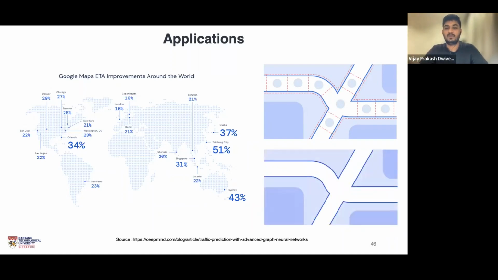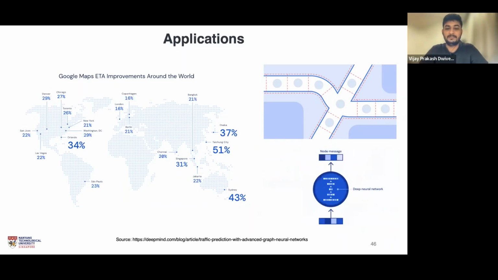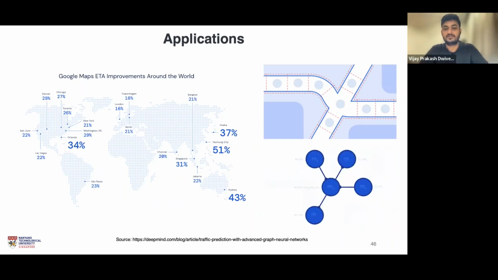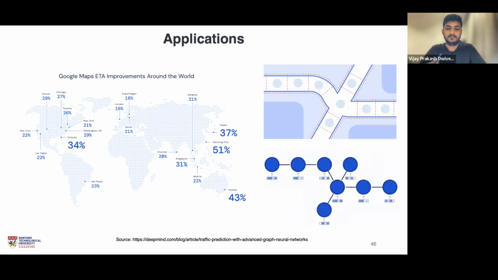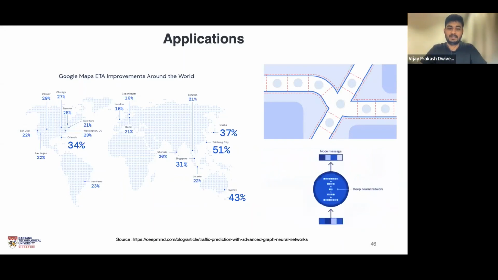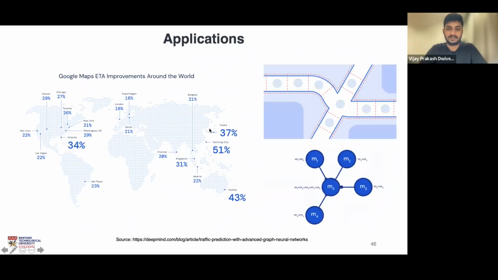So this is one of the very cool applications, where it was shown that when we have a model that is explicitly based on the arbitrary graph structure, which is different for different cities of the world, and at different edges and nodes we have certain information, then we have a very powerful model that can predict estimated time of arrival on Google Maps. So this is one of the very exciting applications.